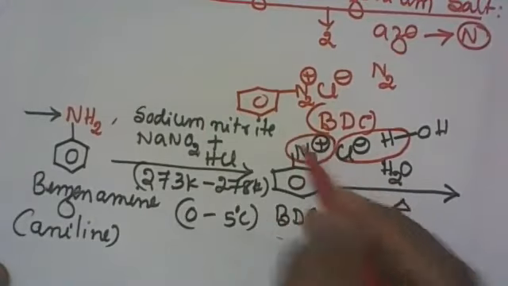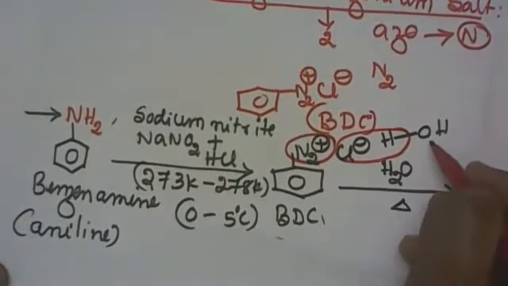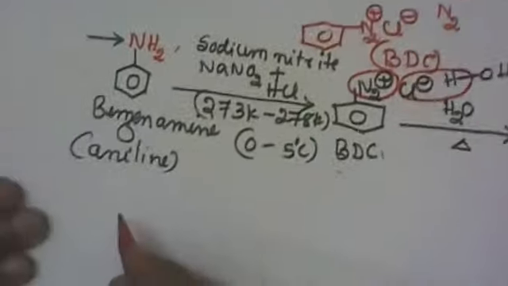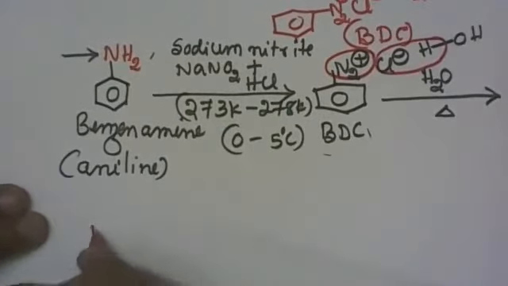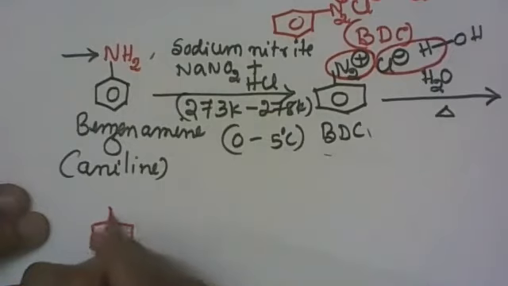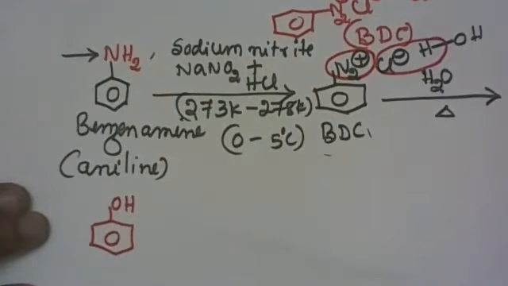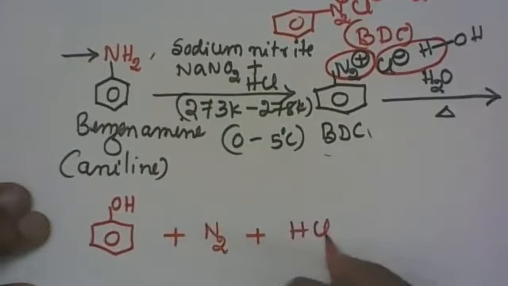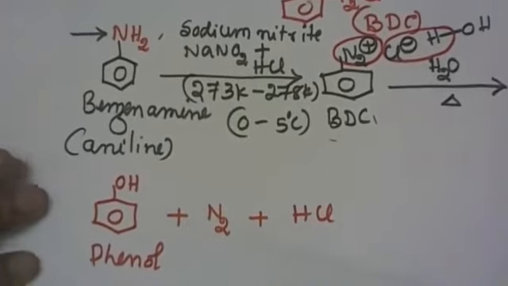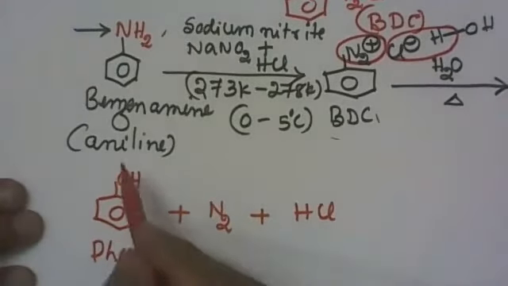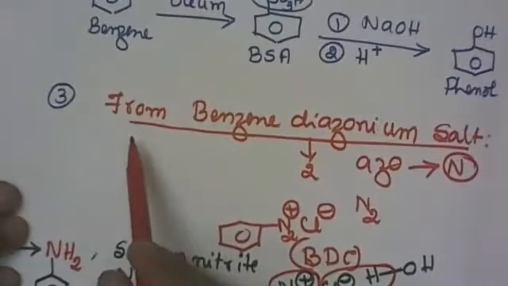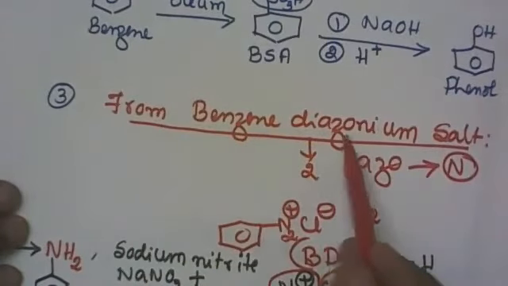Nitrogen gas will be liberated and OH will be attached to the benzene. So we get the benzene ring attached to OH, plus side products, nitrogen gas liberated, plus HCl. This is phenol.